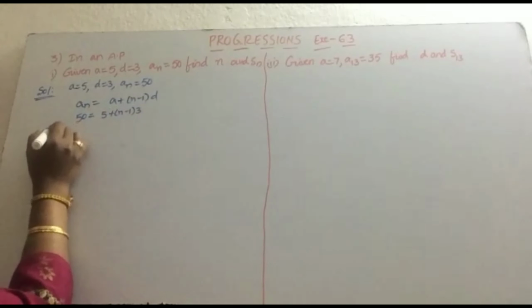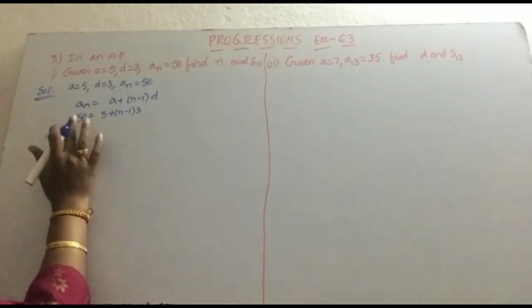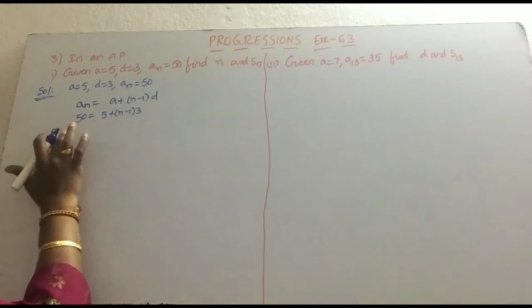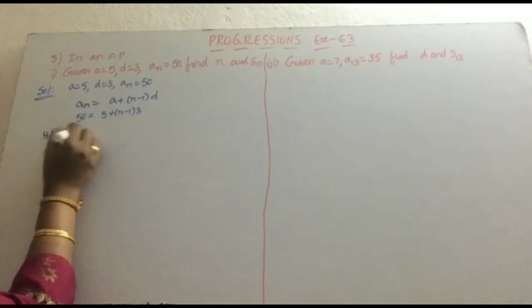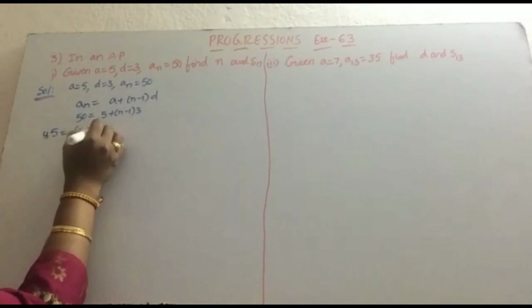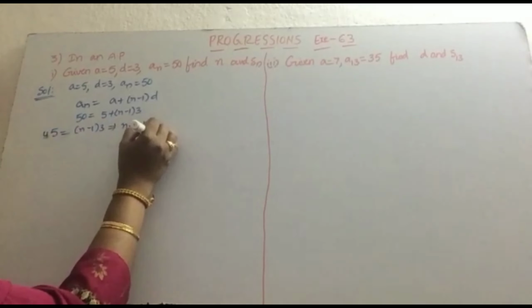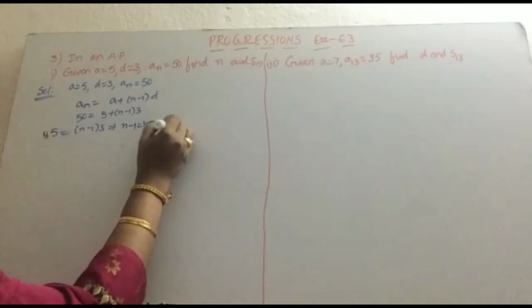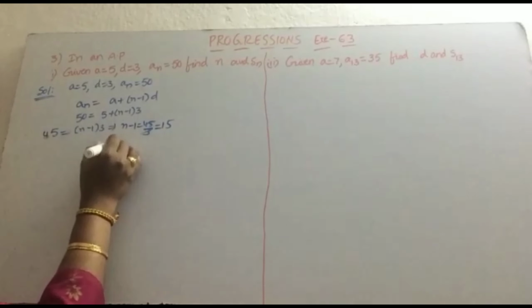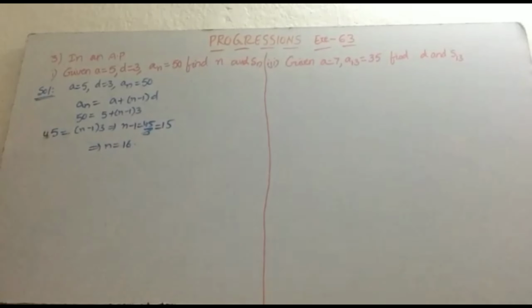That means 50 minus 5, that is 45, equals n minus 1 into 3. That implies n minus 1 equal to 45 by 3, so 15. So that means n is equal to 16.